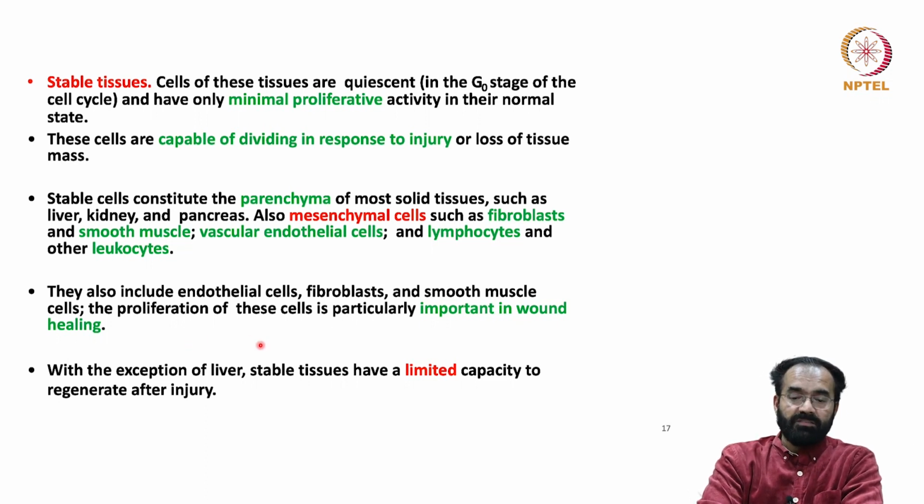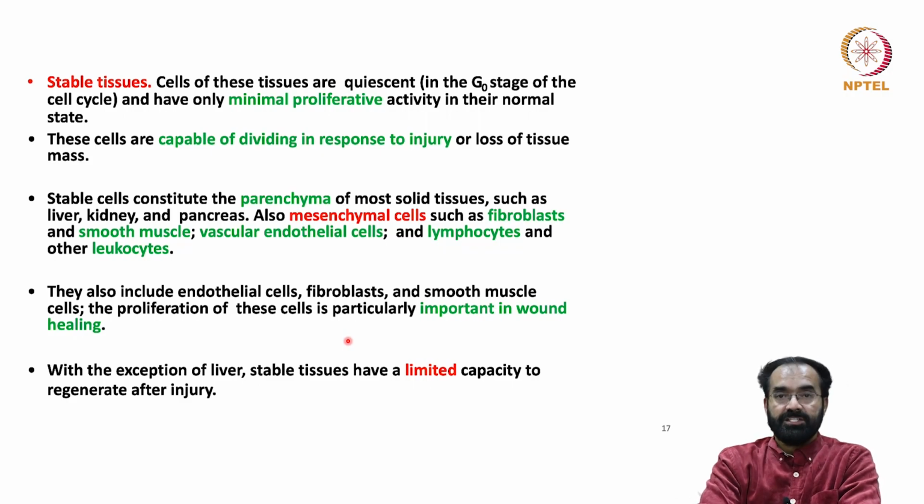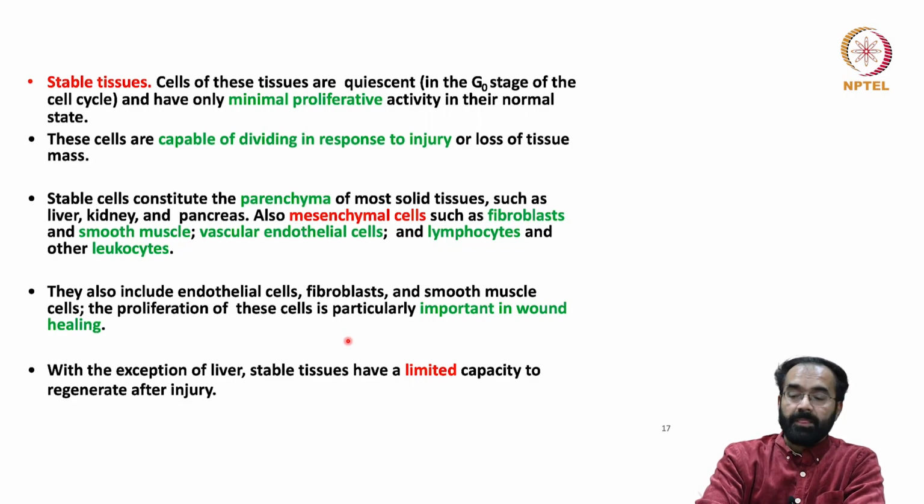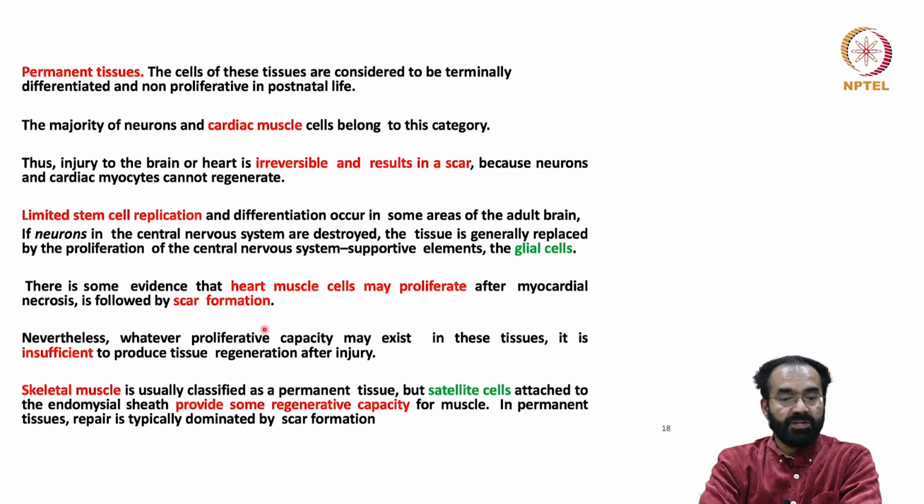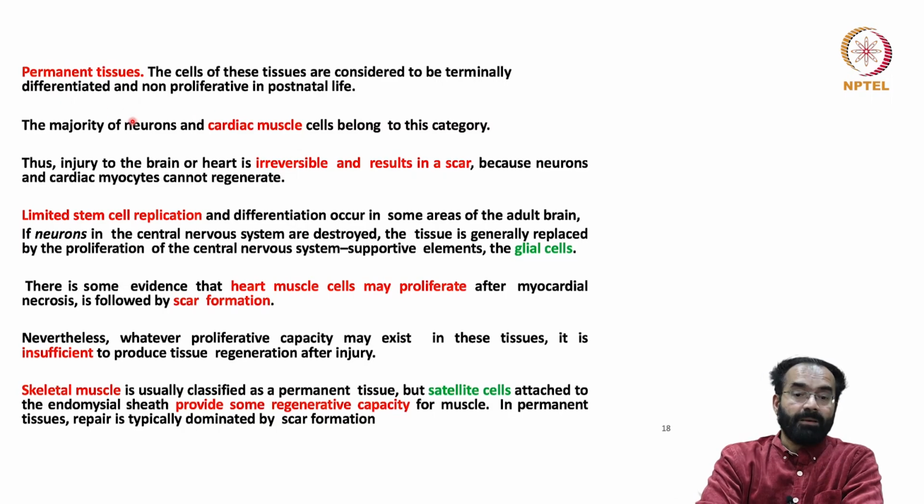With the exception of liver, stable tissues have limited capacity to regenerate after an injury, whereas the liver can replace the damaged tissue and restore the function. When you look into permanent tissues, these cells are present in the tissues that are considered to be terminally differentiated and non-proliferative.